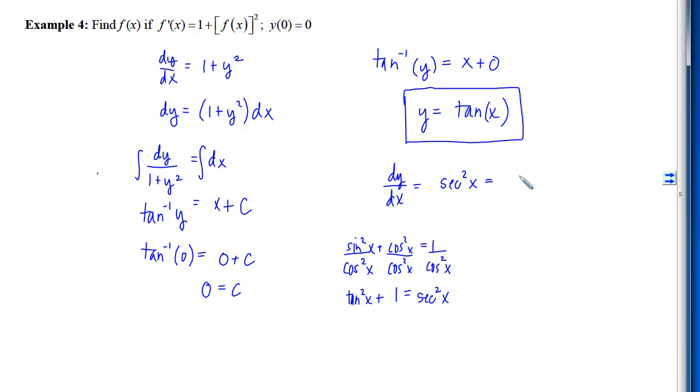So this dy dx is the same as 1 plus tangent of x that has been squared. And what do you know? That's the same as 1 plus y squared. So we got y prime equals 1 plus y squared. And if I plug 0 in, I get a 0 out.